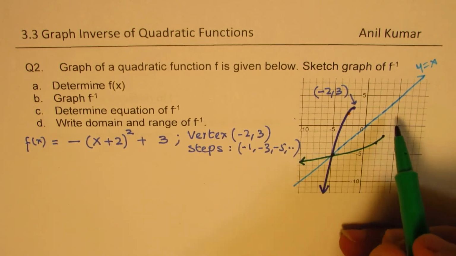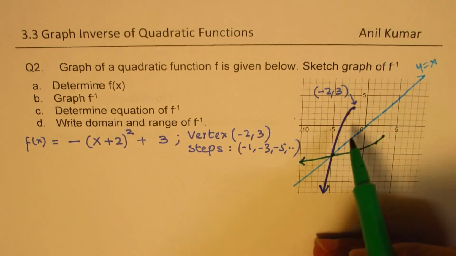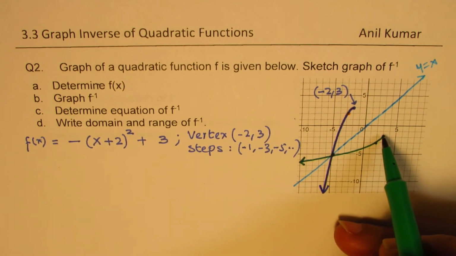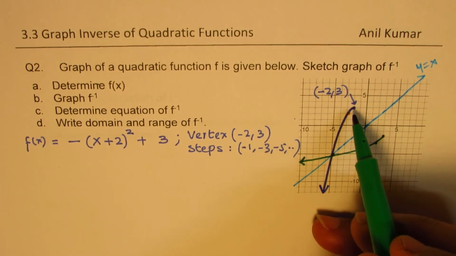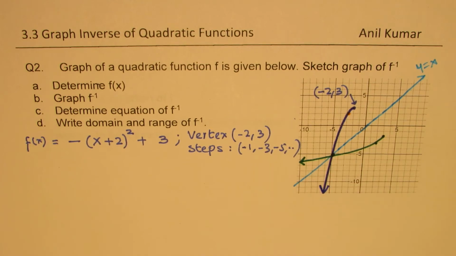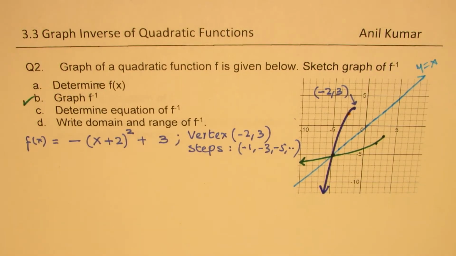Do you see that? So as you can clearly see, if you have a parabola which is opening downwards, then the inverse is opening on the left side, and on this we are restricted to the left side, so we are going to the lower half of the parabola opening left. So we got this inverse. Is that clear to you?